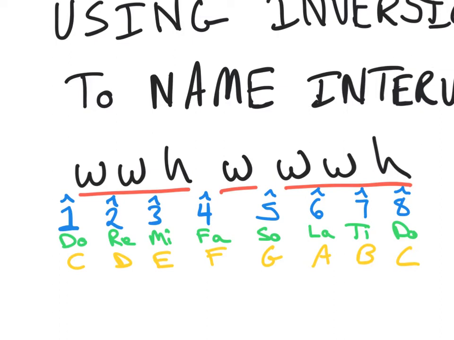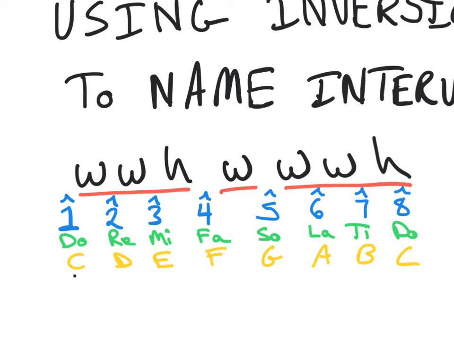But here's the quick thing I wanted to show you. So we have a way of looking at intervals, which means you only have to learn half as many. Okay? Let's talk about what the inversion of an interval is. The inversion of an interval is the interval that you add to it to get to an octave.